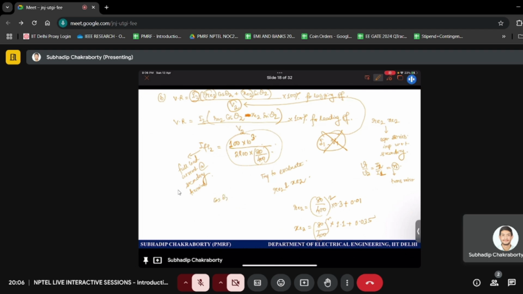And cos theta 2 is given as 0.8, so sin theta 2 will be 0.6. And I told you V2 is nothing but secondary voltage, so it is 2200, which is the primary voltage, into 80 by 400. I2 is this at full load, so just calculate everything and plug in the values.